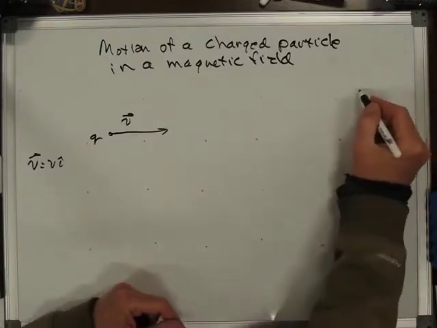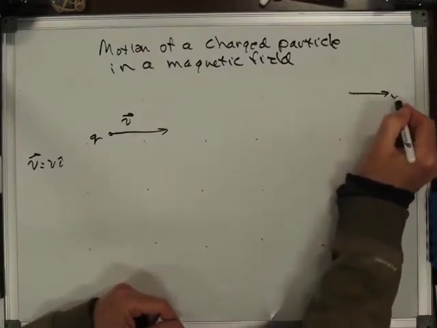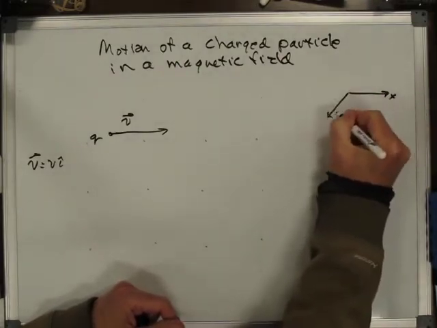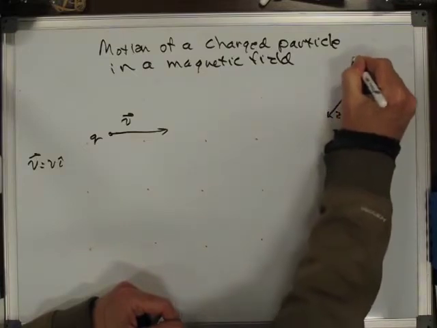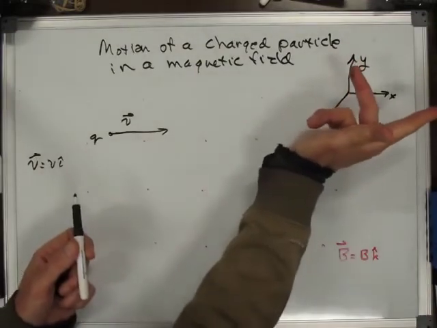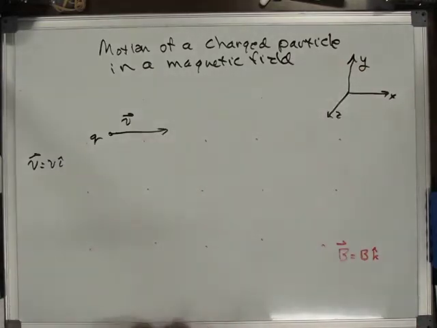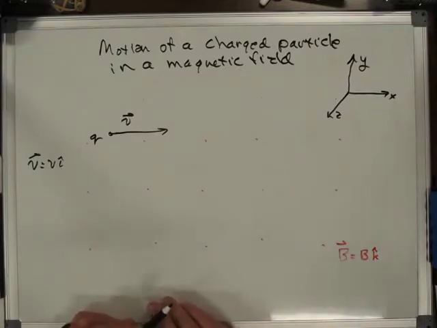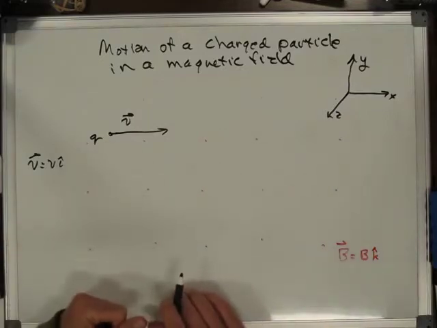So my coordinate system is going to look like this. It's going to be my x-axis in this direction, and I want my z-axis to point up, and that puts my y-axis up the page. And so it's still an XYZ coordinate system like we've been using. It's just rotated maybe a little differently, or oriented a little differently. And so we want to know what happens to this particle, right?